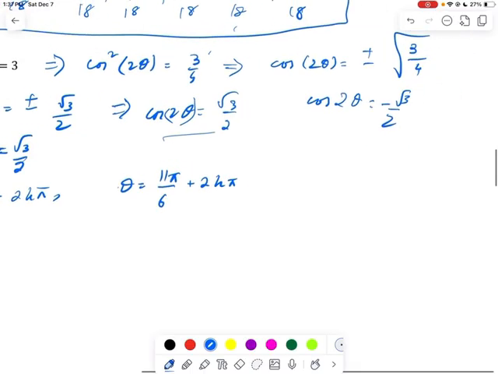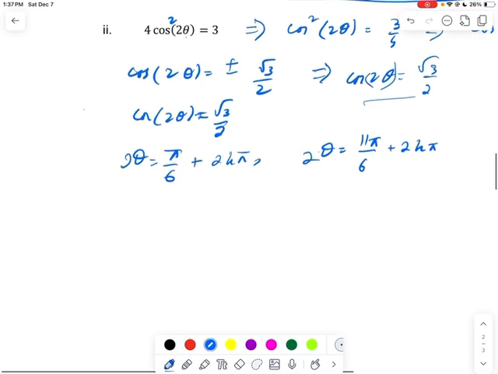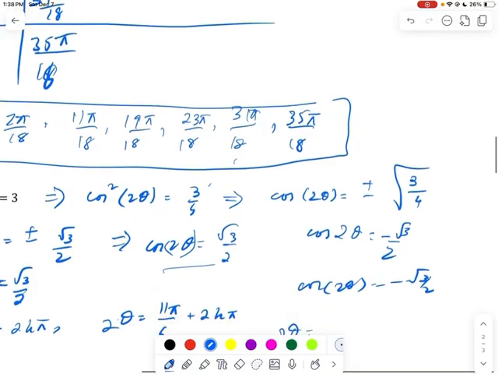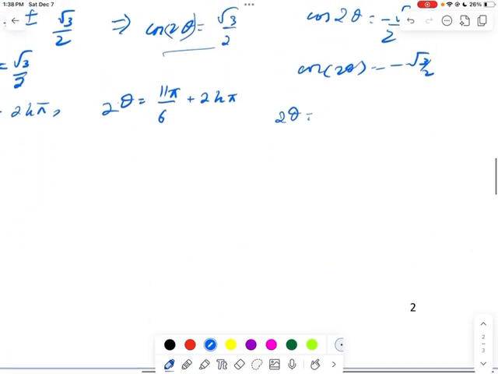And now from the other equation, cosine of 2 theta equals negative square root of 3 over 2, we get 2 theta equals 5 pi over 6 plus 2k pi, and the next one will be 2 theta equal to 7 pi over 6 plus 2k pi.